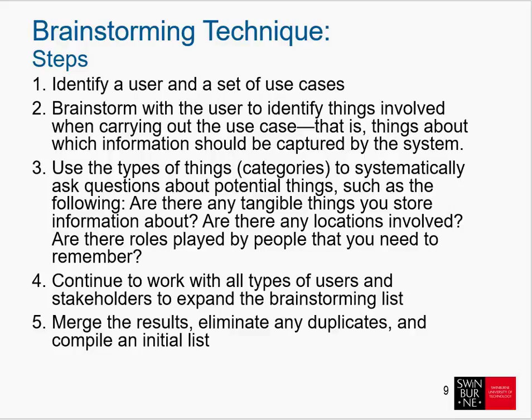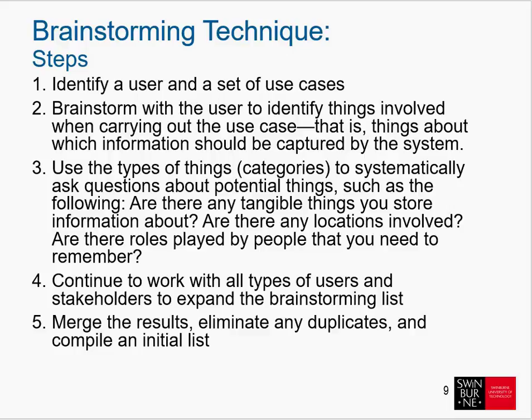Then brainstorm with the users to identify things involved when they're carrying out the use cases. That means things about which information should be captured by the system that we are trying to develop.